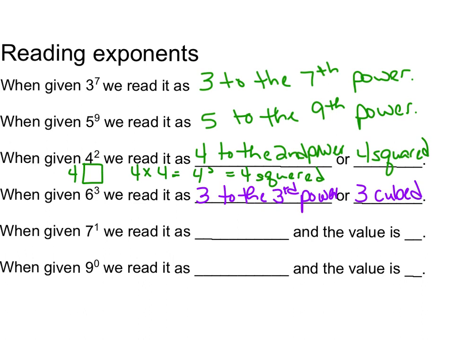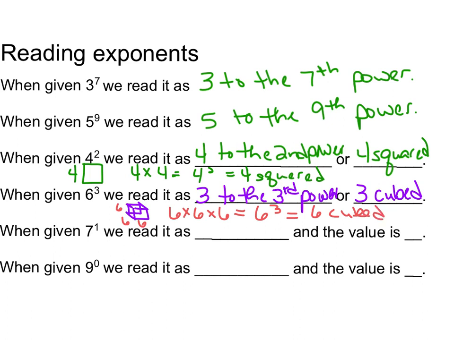And the reason we say cubed is because if you think about it and you have a 3D shape, you would have to multiply 6 times 6 times 6. So 6 times 6 times 6 is going to give you 6 to the 3rd power, which is the same as 6 cubed.